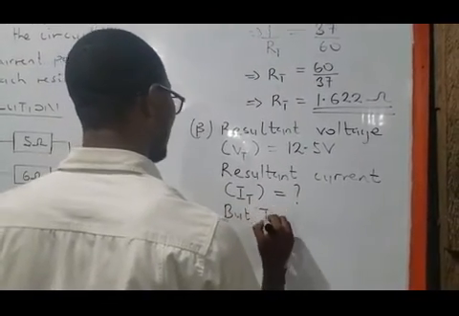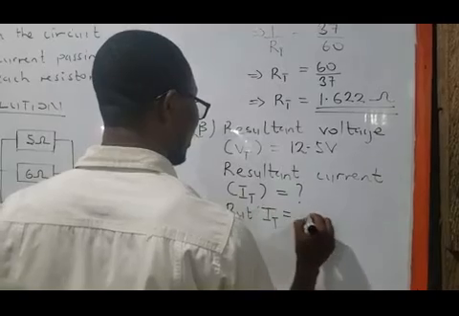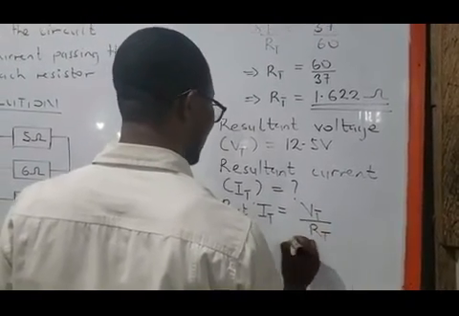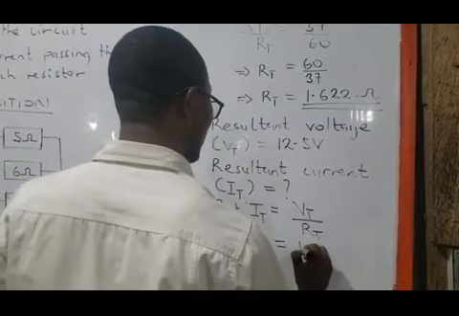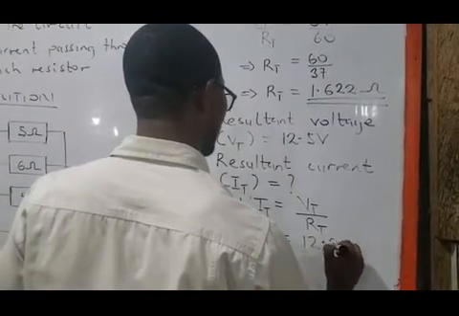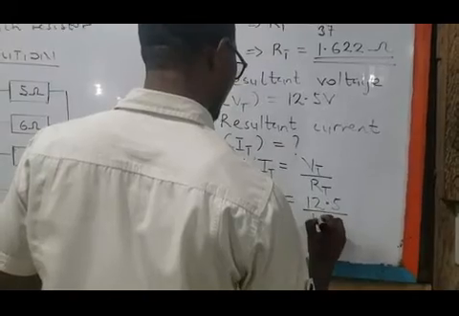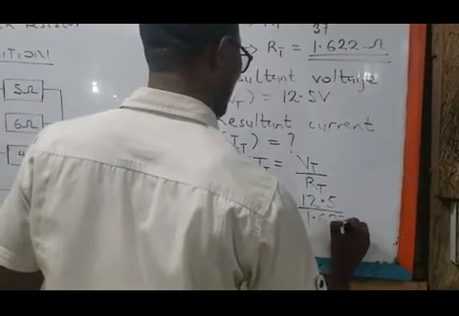And say that your resultant current is the resultant voltage over the resultant resistance. That's 12.5 over 1.622.